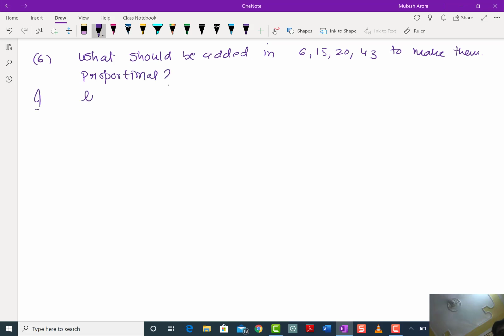What must be added? Let the number added be x. So it will be 6 plus x, 15 plus x, 20 plus x, 43 plus x.